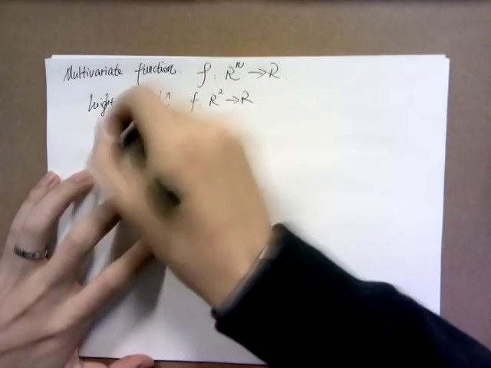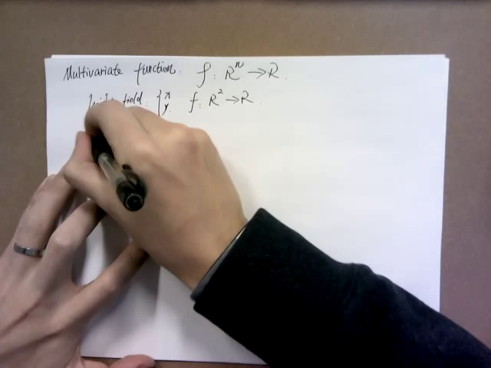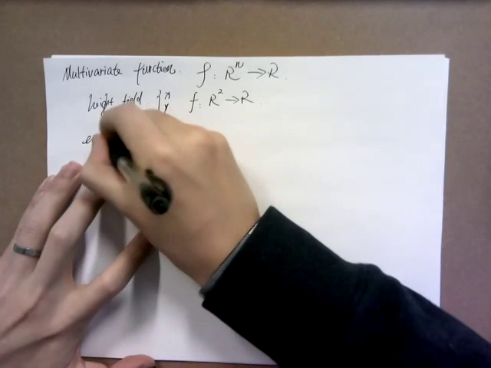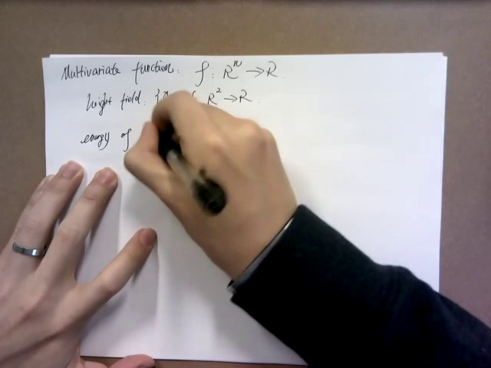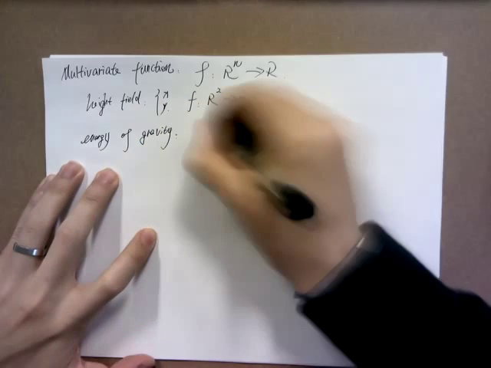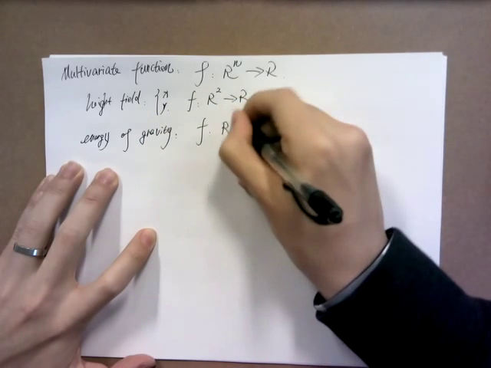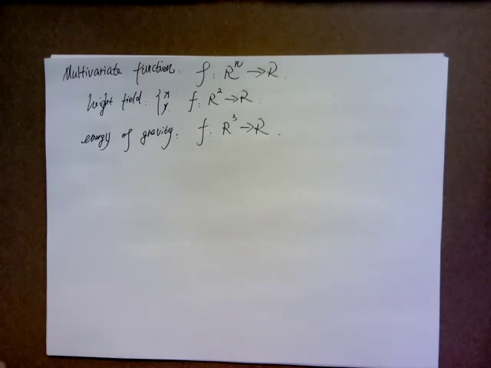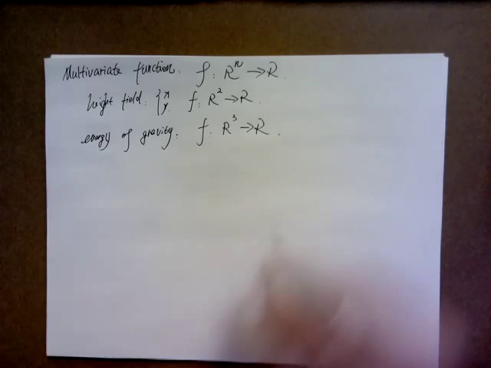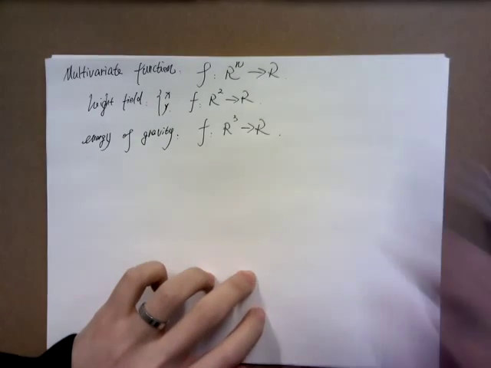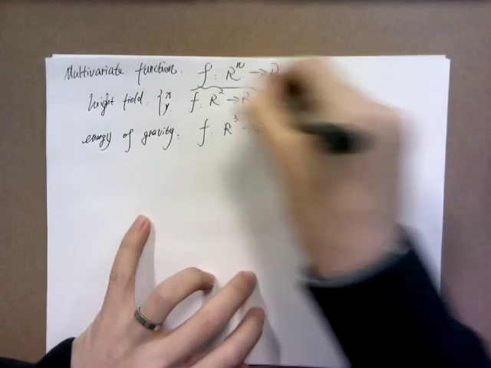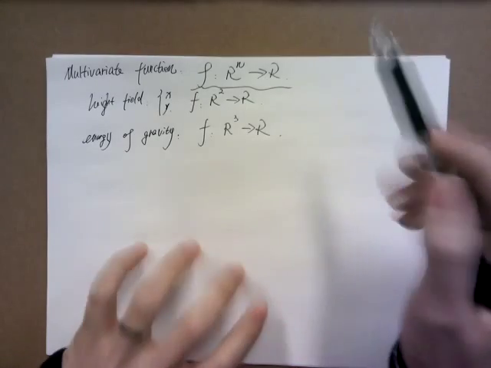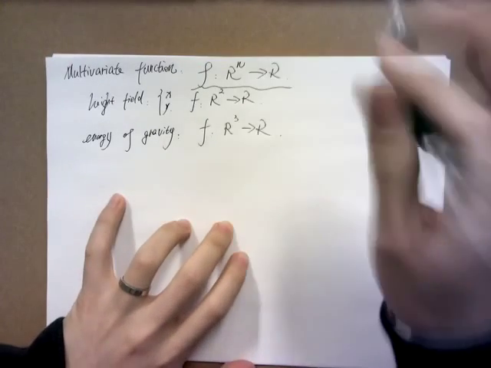Or I have other quantities like the energy of the gravity field. So this is another function that maps from R3 to R. So you can point to anything in space, which is the R3 space, and then it has a potential energy caused by the gravity. So this is an R3 to R function. There are lots of functions, and most of the ones we care about are energy functions, defined using this multivariate setup.